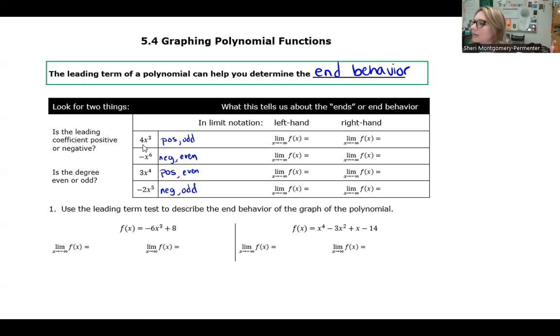Okay, so we said that whether or not your graph is positive or negative, is that the right arrow or the left arrow if you're looking at your graph? The right. Okay, so we're going to draw a little picture with a right and a left arrow. The first arrow I draw for each of them will be the right arrow. If you're positive, you are facing up.